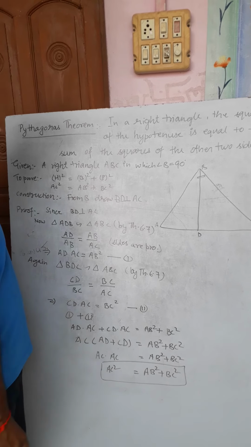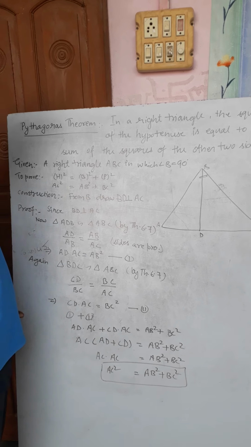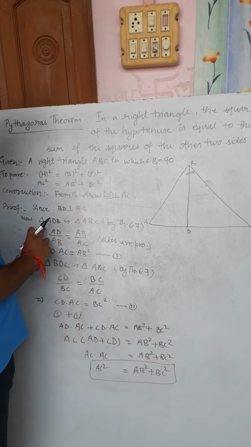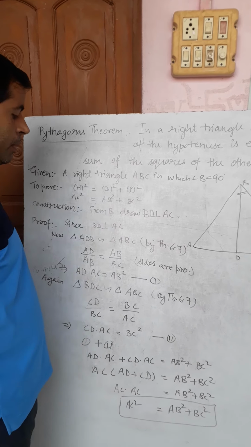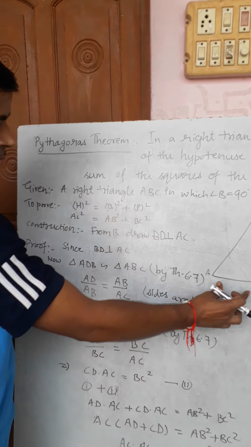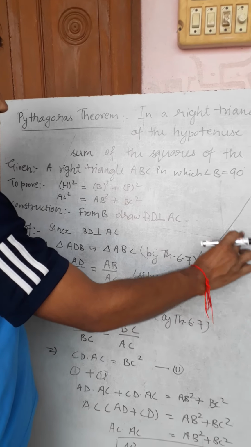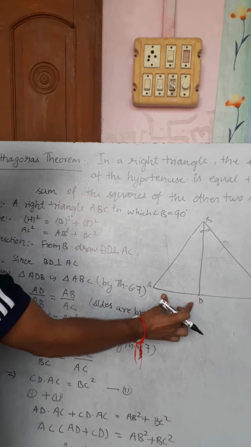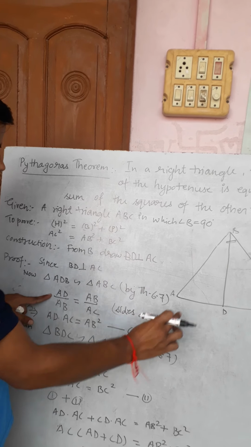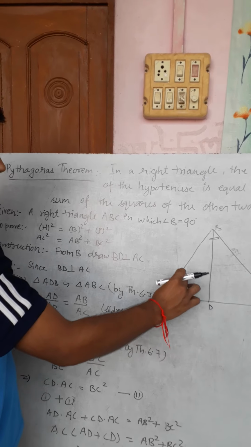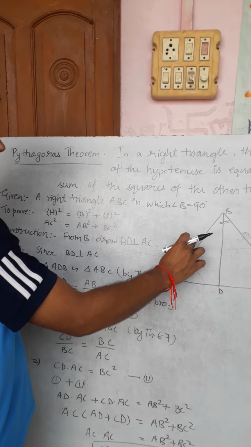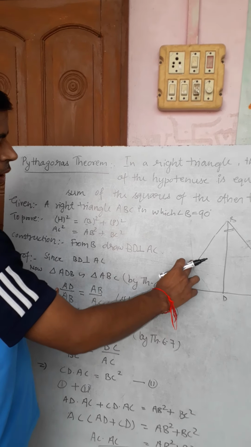Once they are similar, we can write their sides as proportional. So we can write side AD is proportional to AB, because they are mutually similar, so we can write their sides proportional.